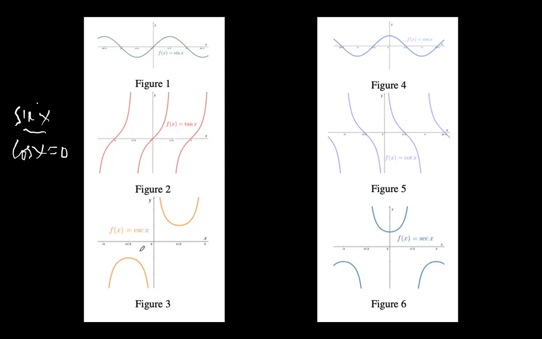And for the cosecant graph, its asymptote is x equals 0. For the secant, it passes through the y-axis at 1, and its asymptote is pi over 2, and others, because there are an infinite number of vertical asymptotes here.